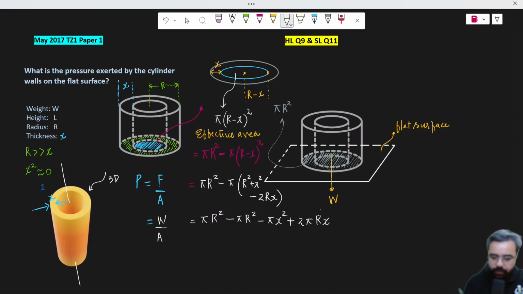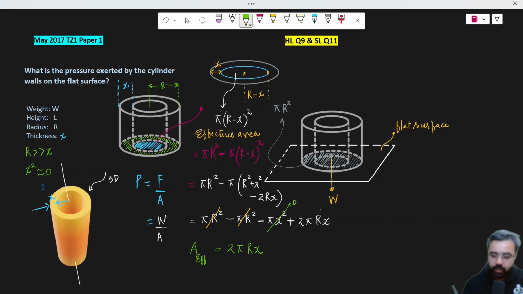Now we can cancel out this pi r square with this pi r square. And secondly, you remember that I told you x is comparably very small, so its square is almost negligible, so we can make it almost zero. I think it's not a complicated thing. So what is left behind? The effective area is just 2 pi r x.